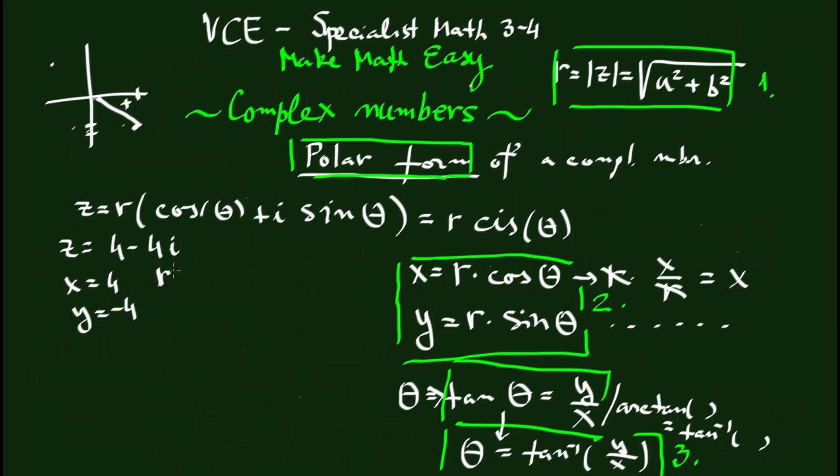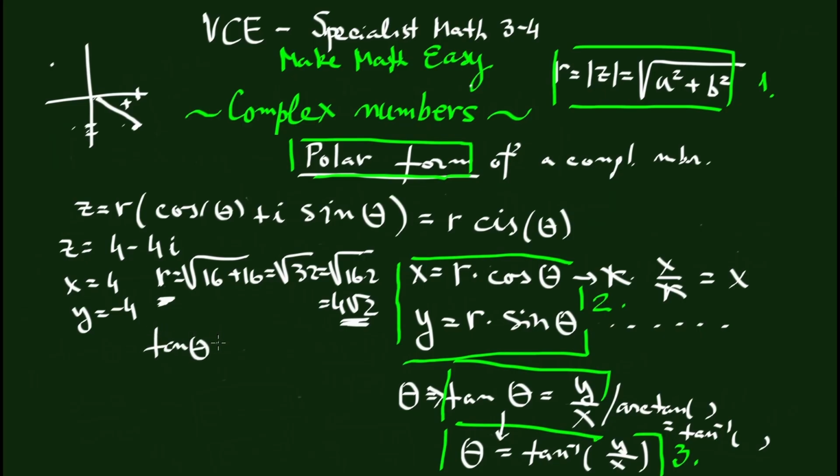Therefore, our r is the square root of 16 plus 16, the square root of 32, which is the square root of 16 times 2, which is 4 square root of 2. So our r is that.